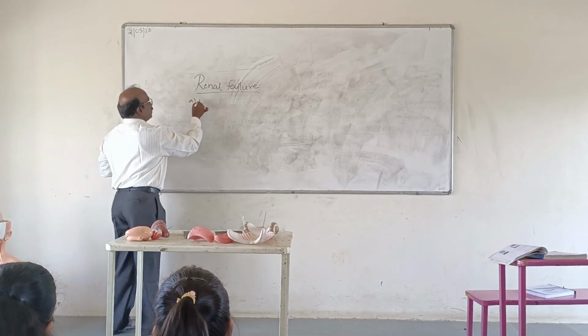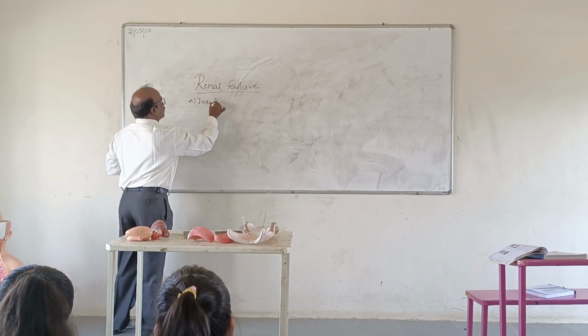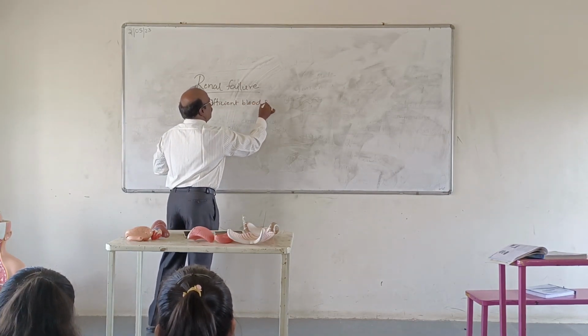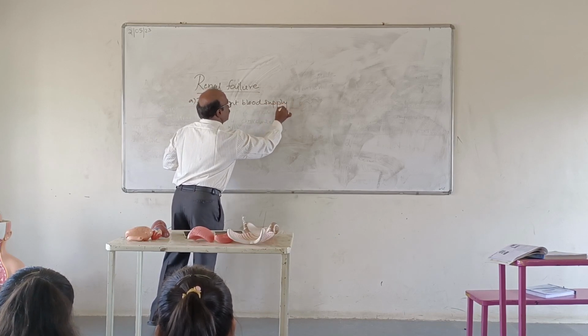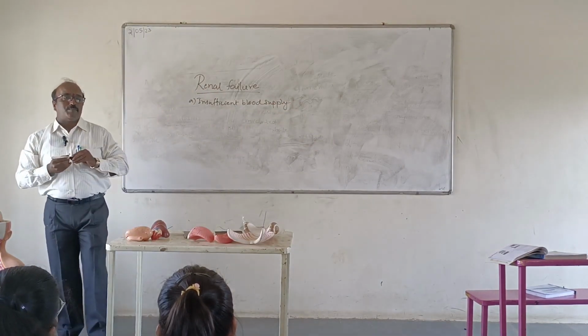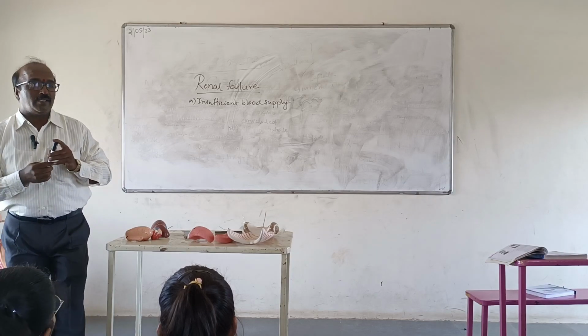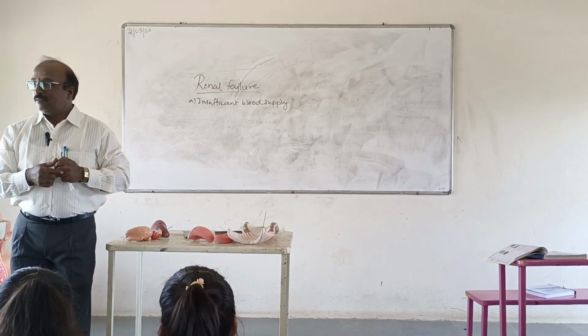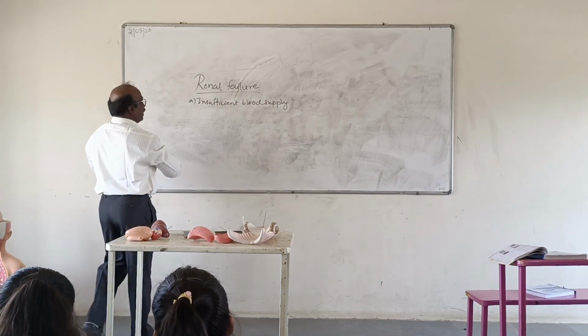One reason is that the kidney fails because of insufficient blood supply. If enough blood is not supplied for filtration and for its functioning, that is insufficient blood supply.